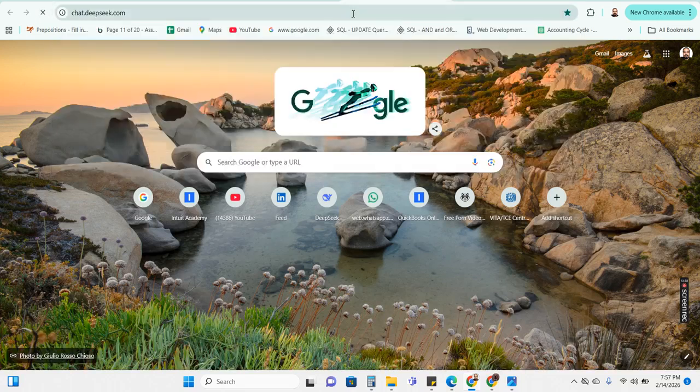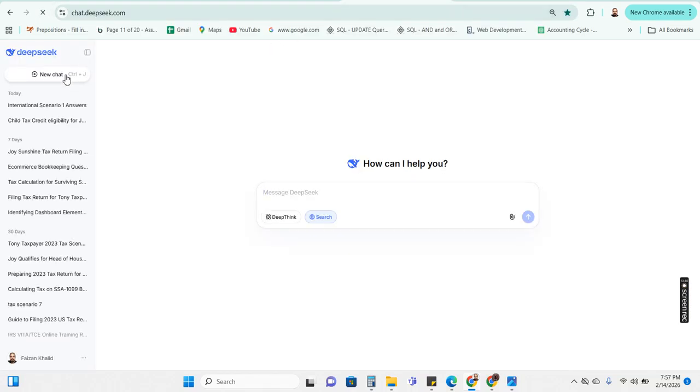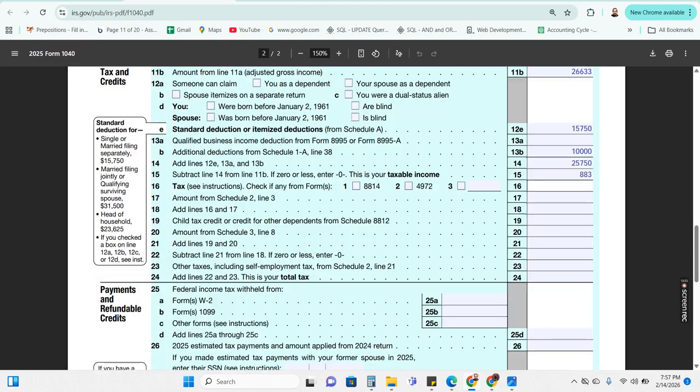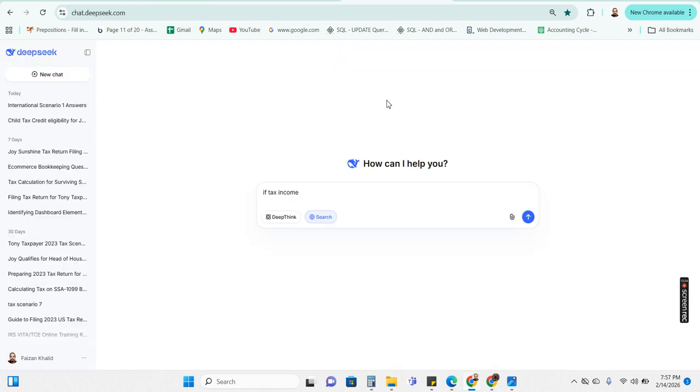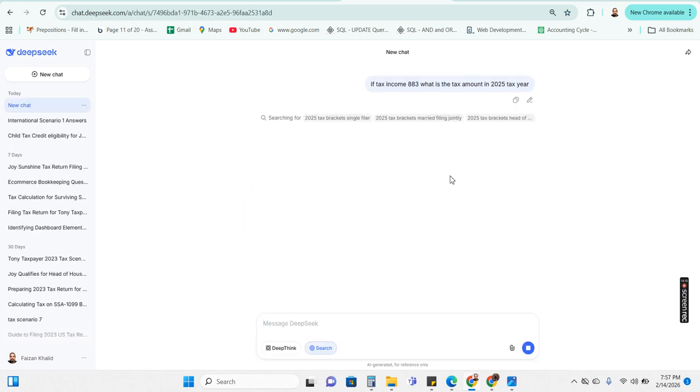If taxable income is 883, what is the tax amount? Like the 2025 tax year. We can see the table as well.